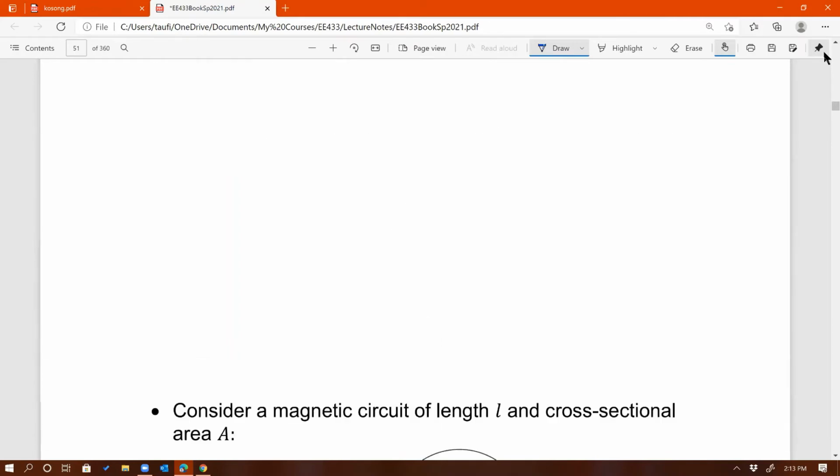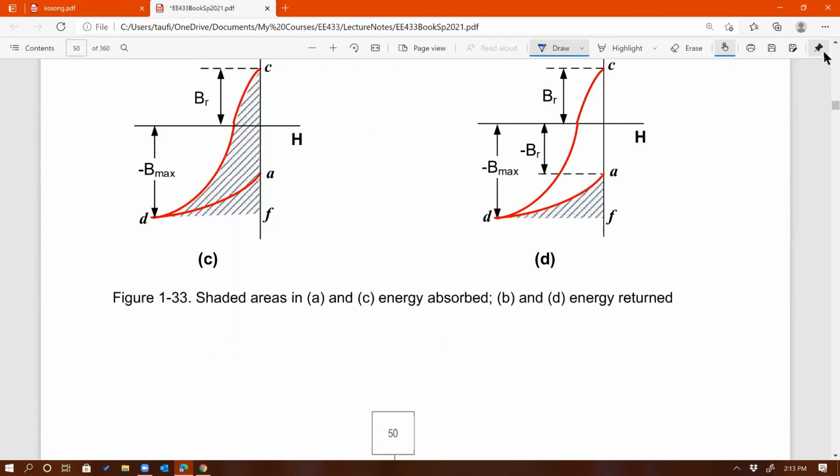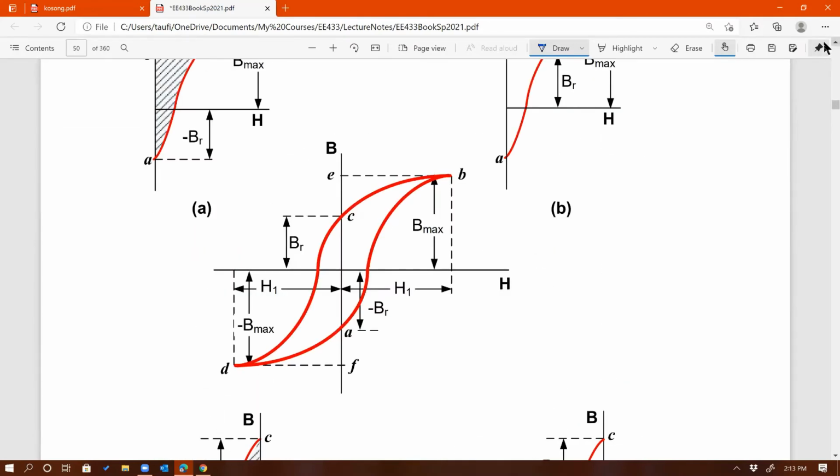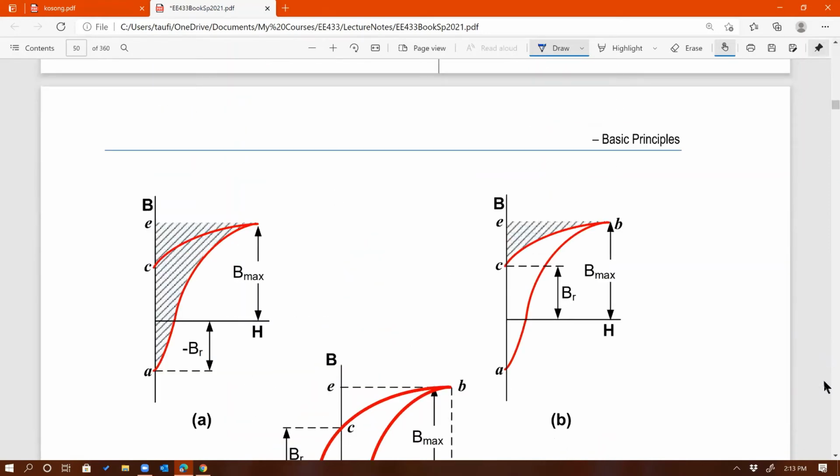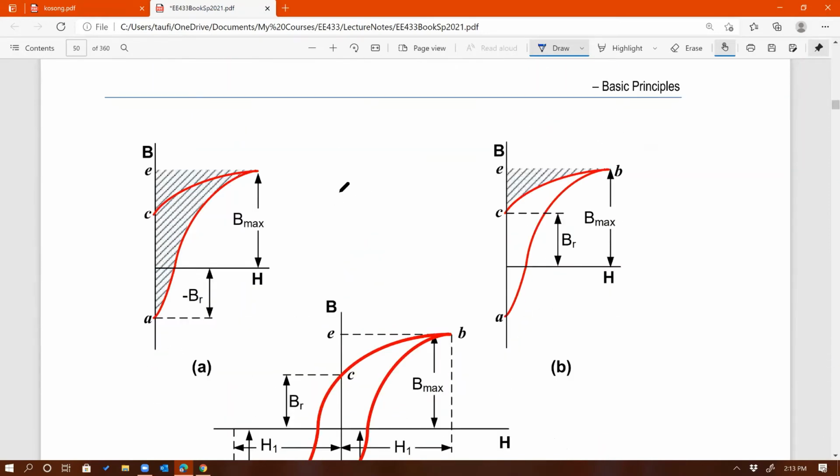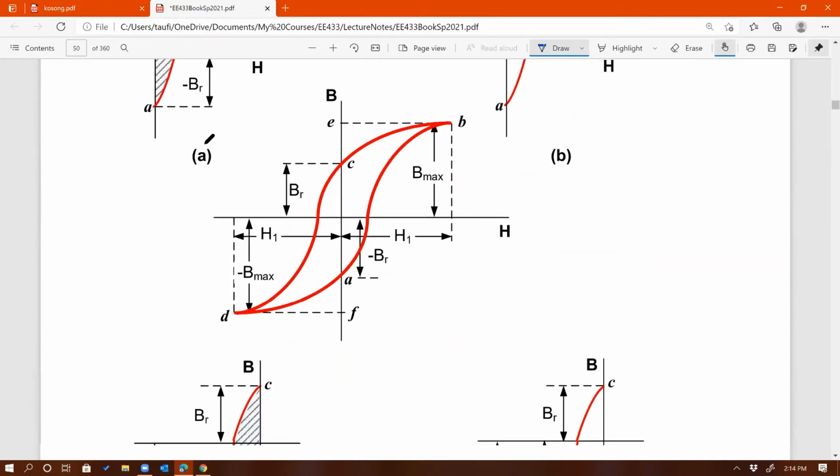All right. So going back to that page, here's our BH curve, or BH loop. Let's say I start from here; there's the complete cycle. From A to B, that's when we have positive, increasing current.